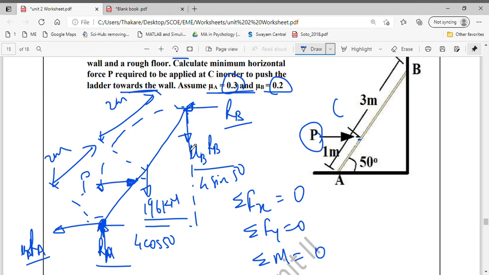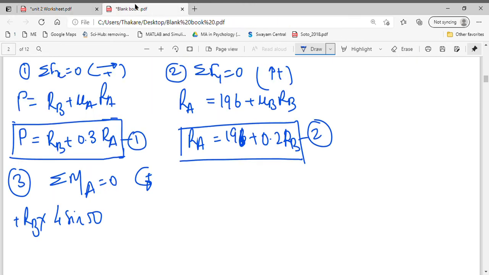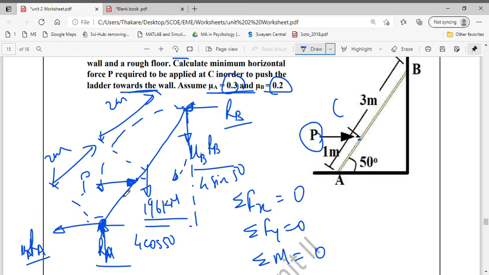Then next you have mu B into Rb, it is going in clockwise direction, so it will be minus mu B, we know is 0.2, into Rb into perpendicular distance 4 cos 50. Then you have a force of 196 Newton acting at a distance of 2 meters.